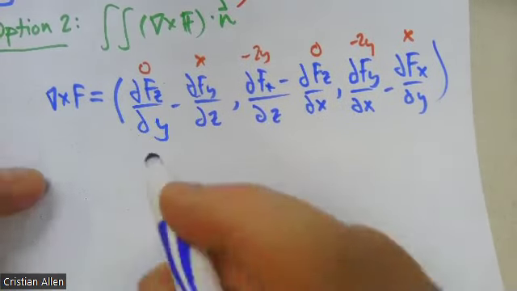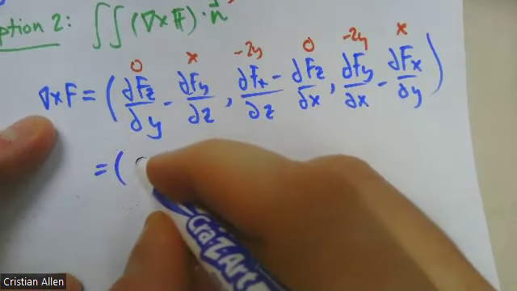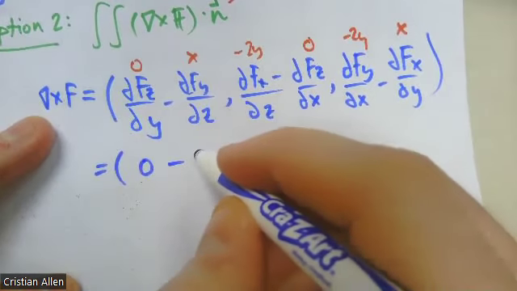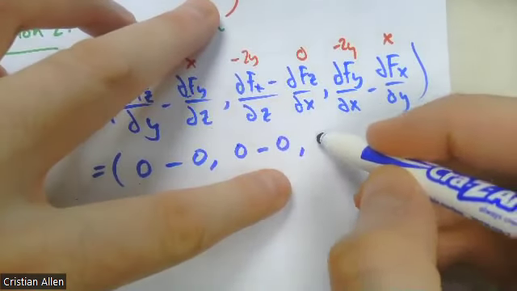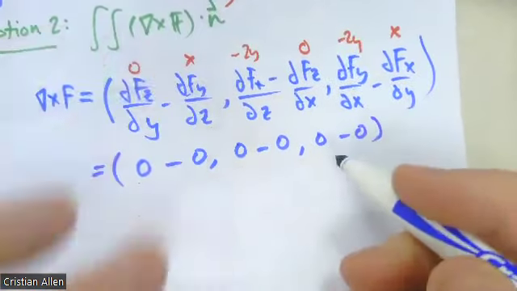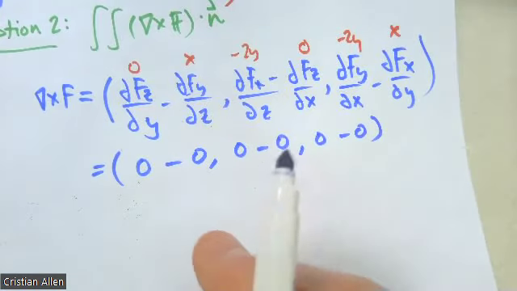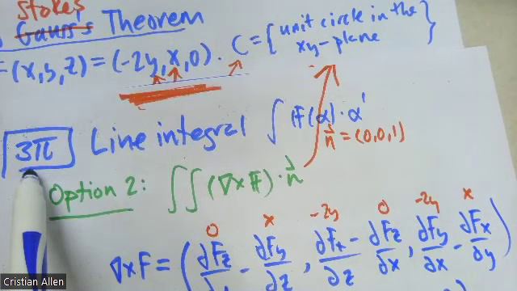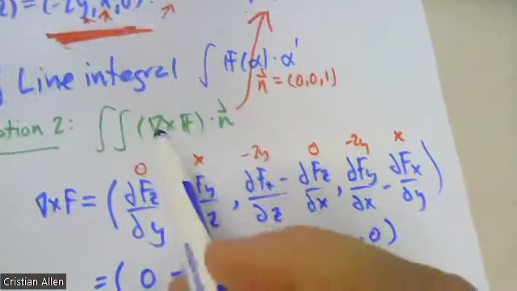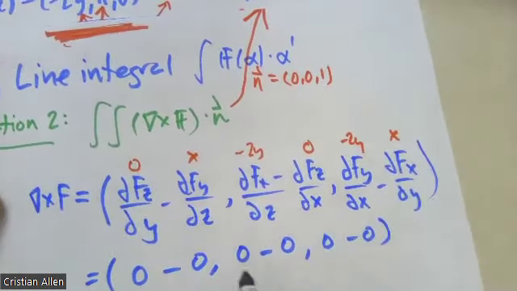So the curl here, we have 0, 0, 0, 0, 0, 0. Something went wrong there because we know this thing has to equal 3 pi. We cannot have a curl of 0. So let me check really quickly here.